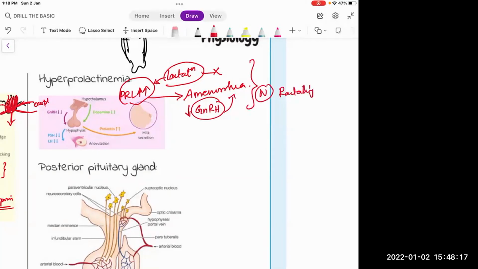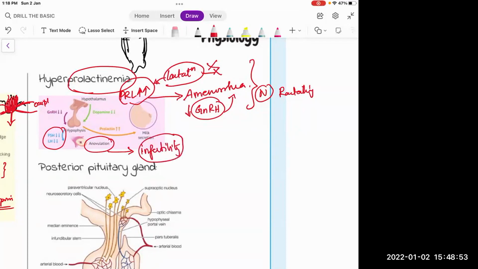But hyperprolactinemia in women who are not lactating is not considered normal. So the cause will most probably be anterior pituitary tumors. Among tumors of the anterior pituitary, prolactinoma is the most common one. This prolactin excess will cause a decrease of gonadotrophic hormones, leading to anovulation, and this results in infertility.